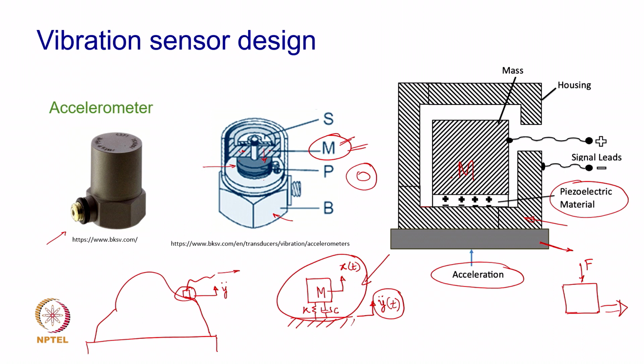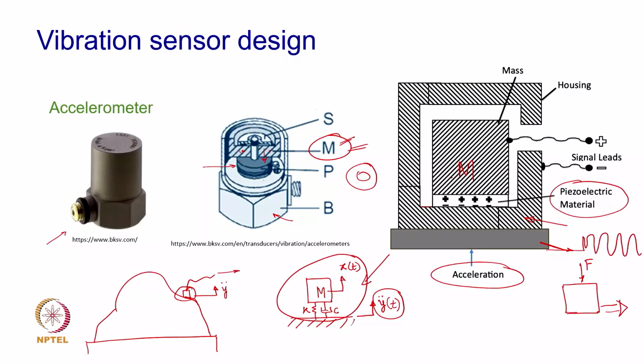So, whenever this base vibrates with a certain amplitude of acceleration, because there is a mass having its own inertia at the top, there would be compression, and mechanical strain is going to be developed. Now, these piezoelectric materials should not be put in tension. They should always be under compression.